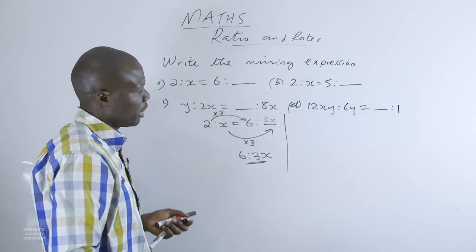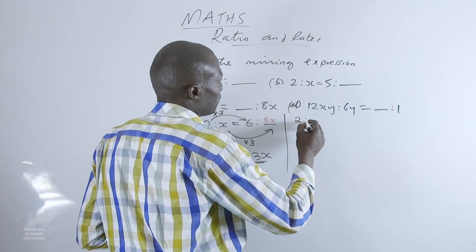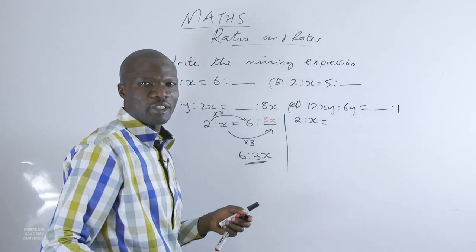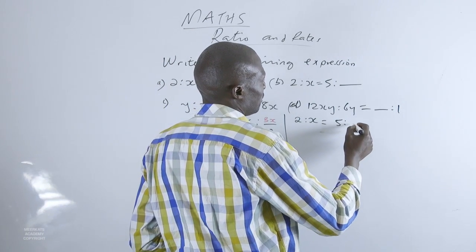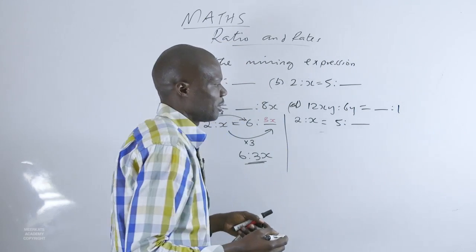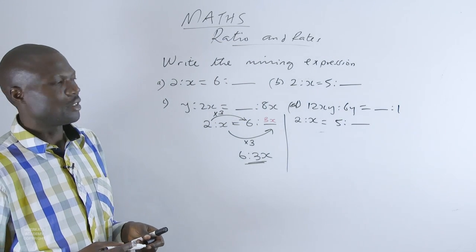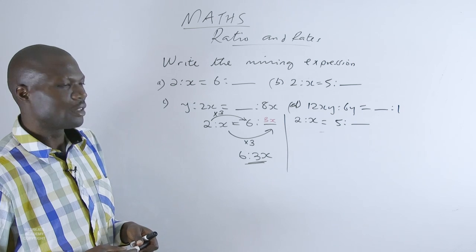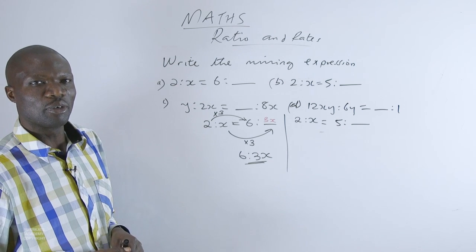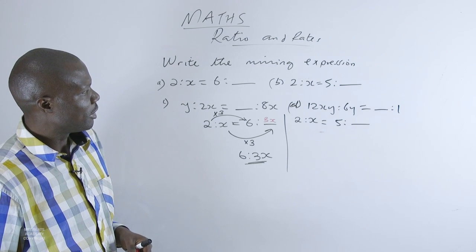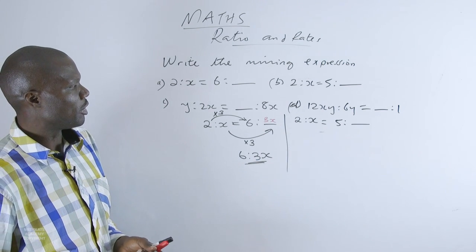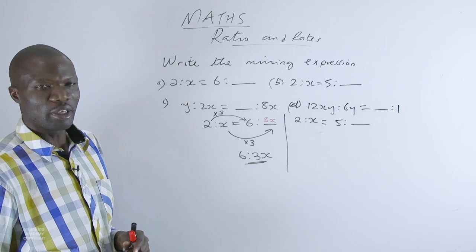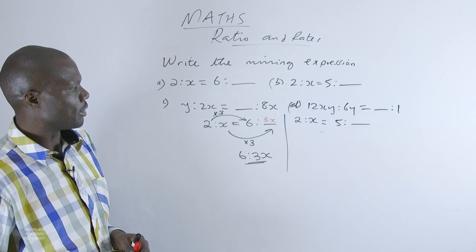Secondly, 2 to x is equal to 5 to dash. Right? This one is an interesting one. What normally happens? This is 2 and the other one is 5. What did we do to arrive at that particular point?